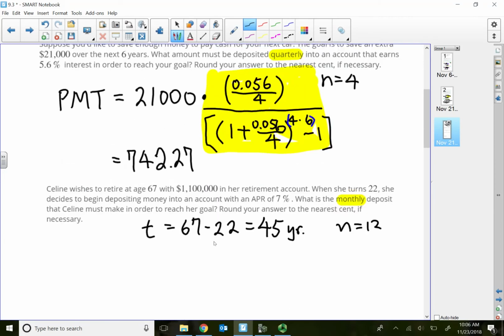All right, so we've got our future value in mind. Now we need to figure out what our payment is. It's a good estimation. So take 1.1 million times, all right, let's follow the formula.